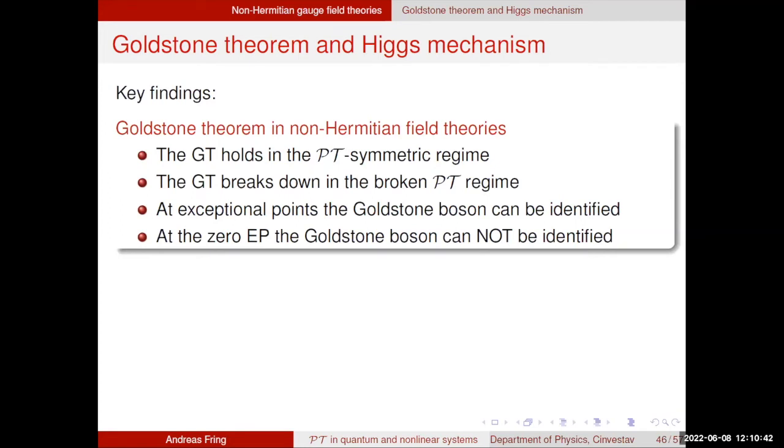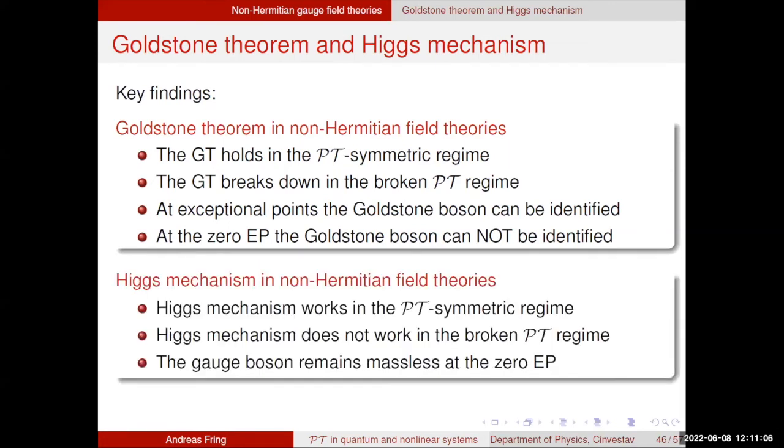And at the exceptional point, the Goldstone boson can be identified, but at the zero exceptional point, it cannot be identified. What is the zero exceptional point? That's the point where the eigenvalue is zero, which usually you don't look at, but here we encounter this in a very natural way, and this gives rise to a new phenomenon.